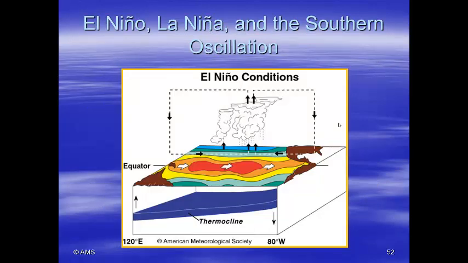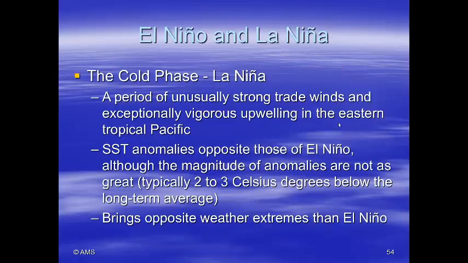So here we see the opposite happening. If you look at the cold phase, La Niña, there's a period of unusually strong trade winds and exceptionally vigorous upwelling in the eastern tropical Pacific. The sea surface temperature anomalies are opposite those of El Niño.